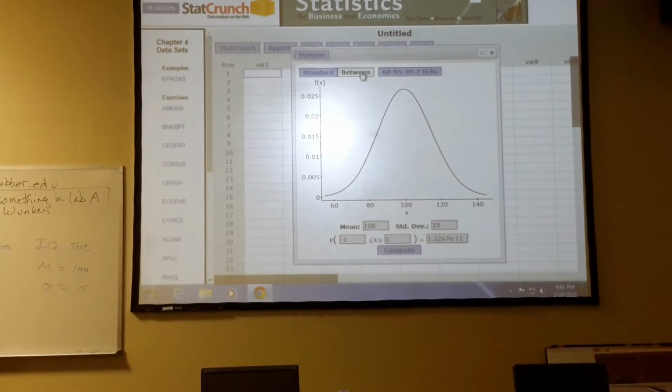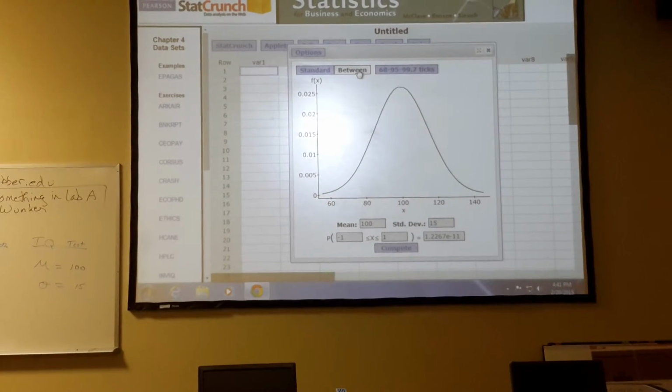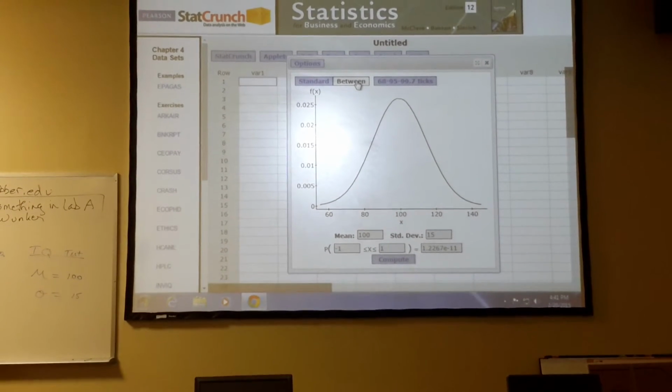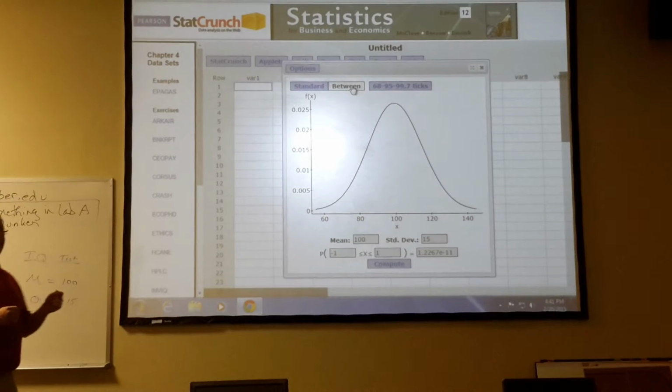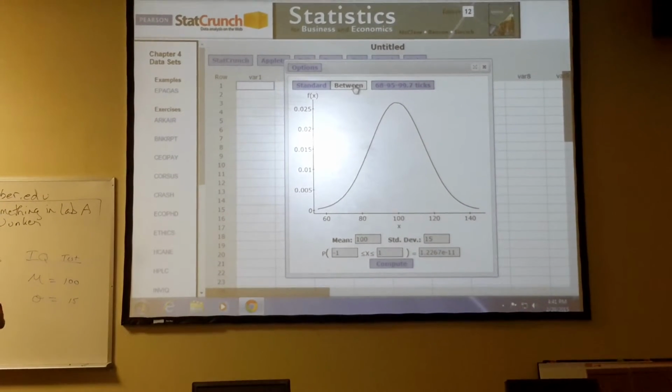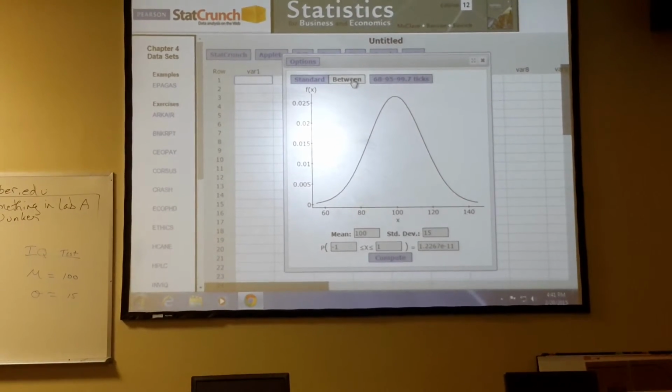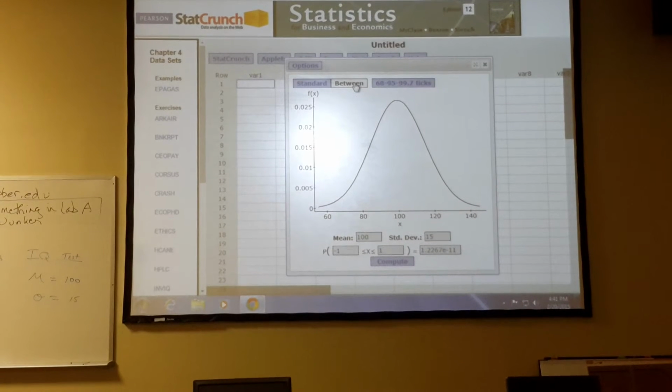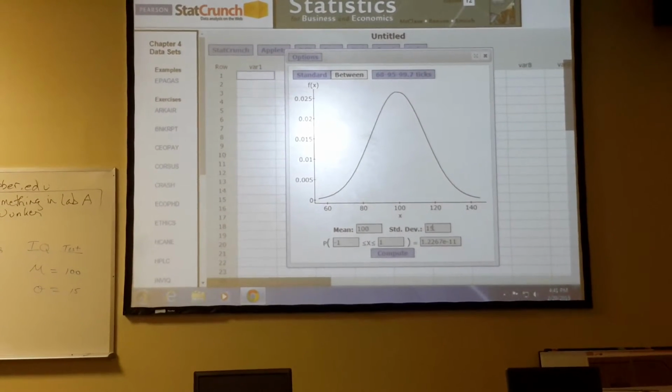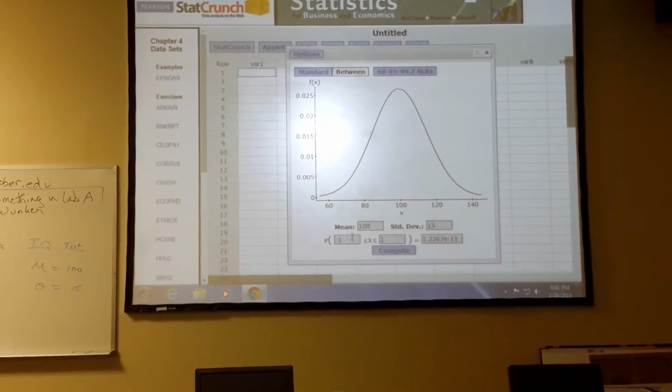So let's say that we wanted to know the probability of having an IQ score that is between 85 and 115. We still have our mean of 100 and a standard deviation of 15.